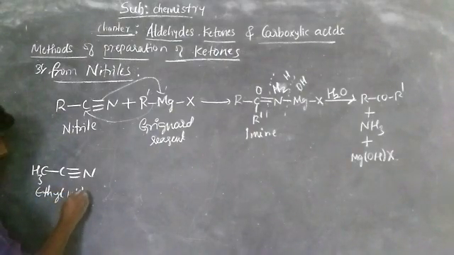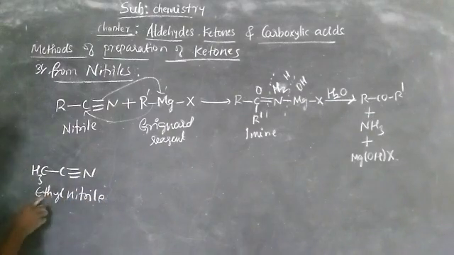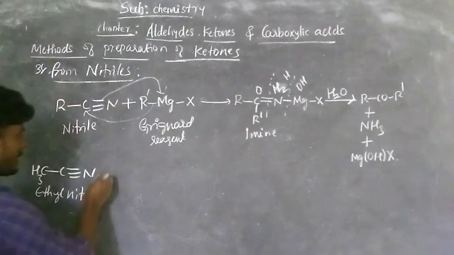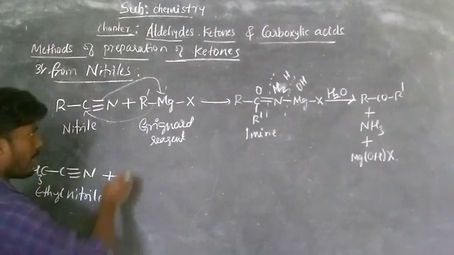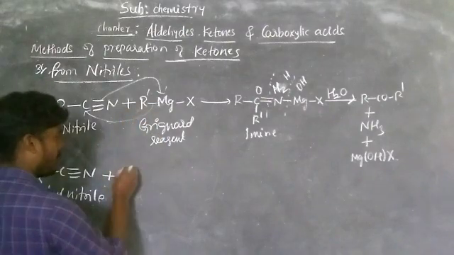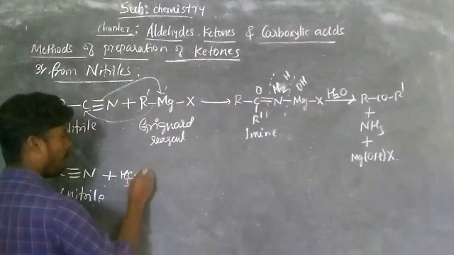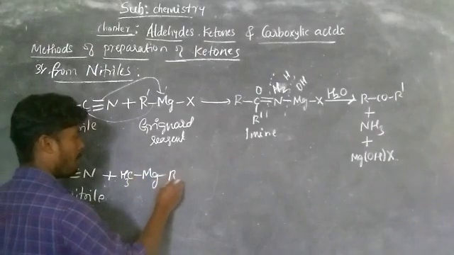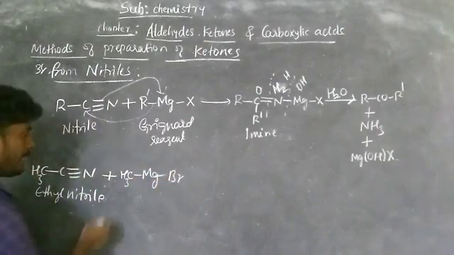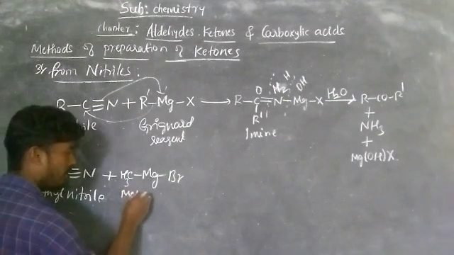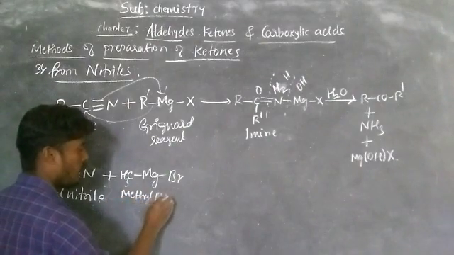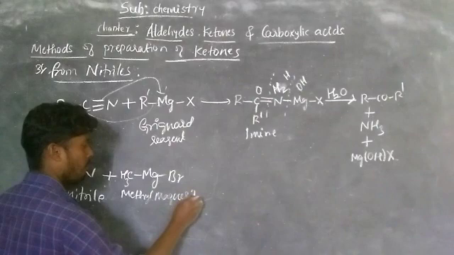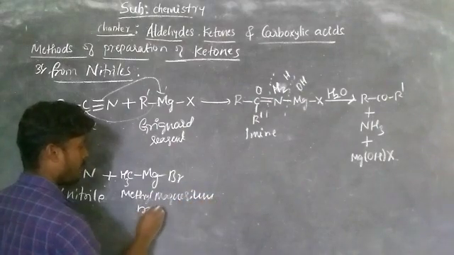Since there are two carbons, ethyl nitrile, or methyl cyanide, plus the Grignard reagent, which is methyl magnesium bromide. Take methyl magnesium bromide as the Grignard reagent.